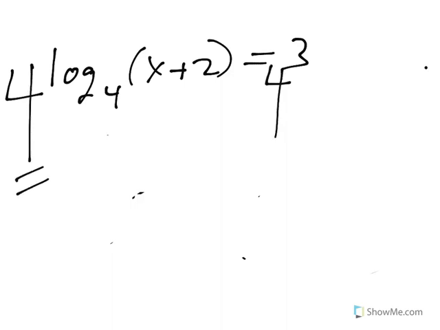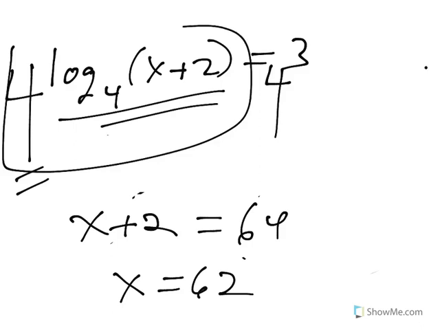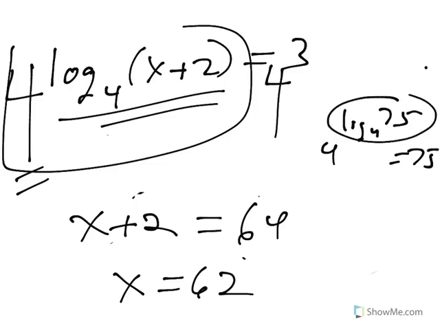So 4 raised to the log base 4 of x plus 2 is just x plus 2. And 4 raised to the third is 64. So we end up at the same equation, but in a bit of a different way. The reason this is true is that 4 to the log base 4 of 75 has to be 75. Log base 4 of 75 is 3 point something, and when I raise 4 to that power, I get 75.